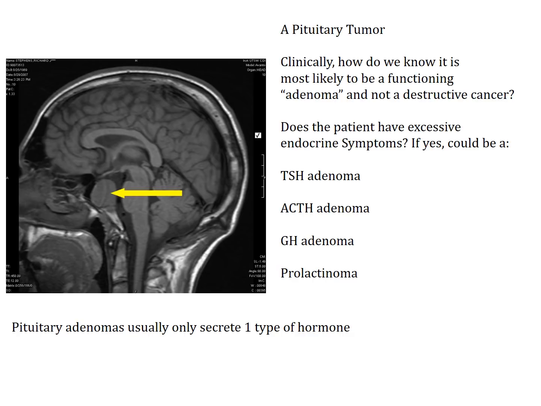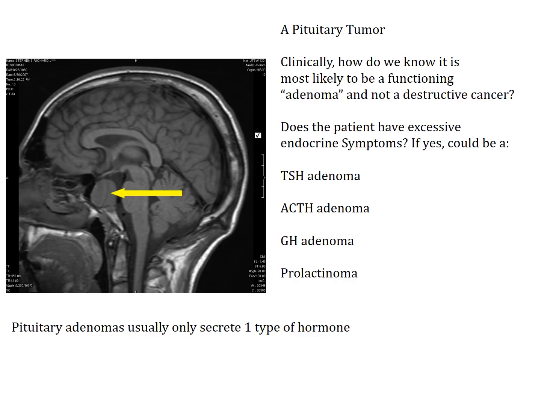People who have pituitary adenomas can have symptoms due to the brain tumor: headache, visual disturbances, nausea, vomiting, stuff that we're going to talk about in the neurology unit when we talk about elevated intracranial pressure. But then they also get symptoms due to the excessive amount of the hormone which is being secreted. So if a person has a TSH adenoma, what do they develop?